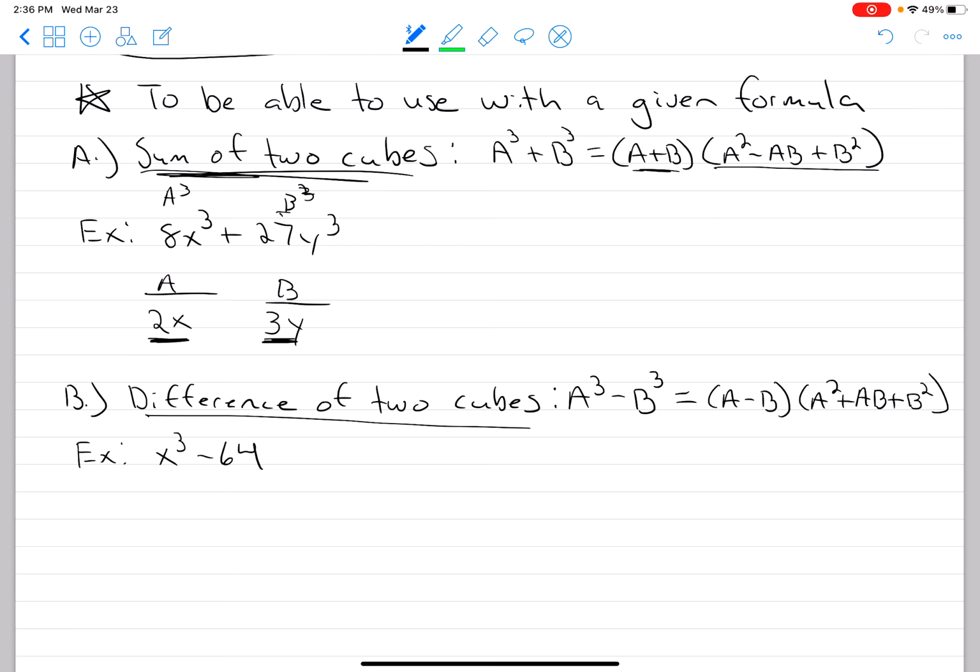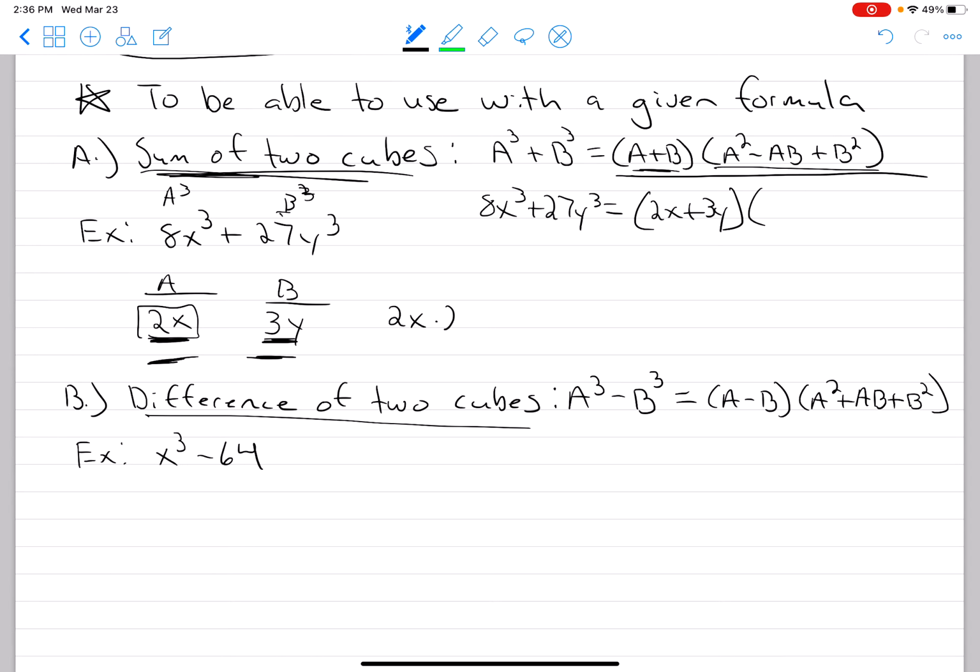So now I'm just going to follow again. As soon as I know what A and B are, I can just plug into this formula. So I know A cubed plus B cubed, which is 8x cubed plus 27y cubed, equals A plus B, 2x plus 3y, times A squared, I'm going to take 2x and square it.